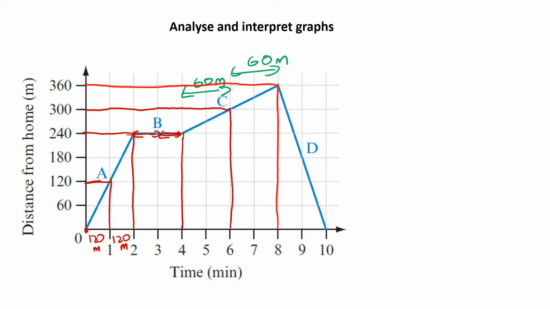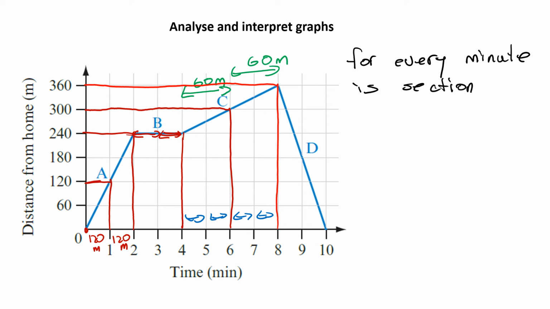And what that's telling us is that for every minute, from here to here, from here to here, for every minute in section C, we are traveling 60 meters. Okay, and what does that mean?